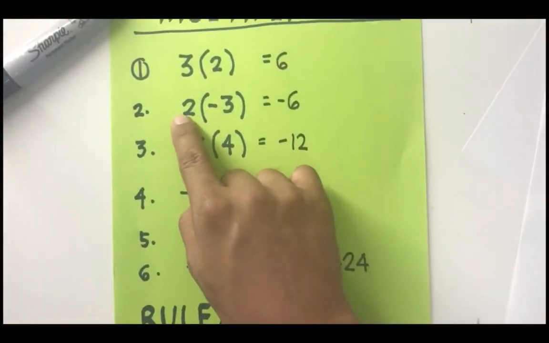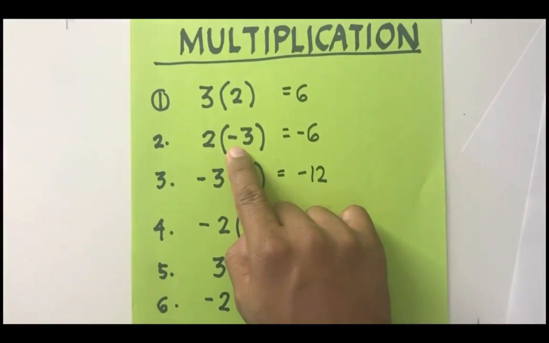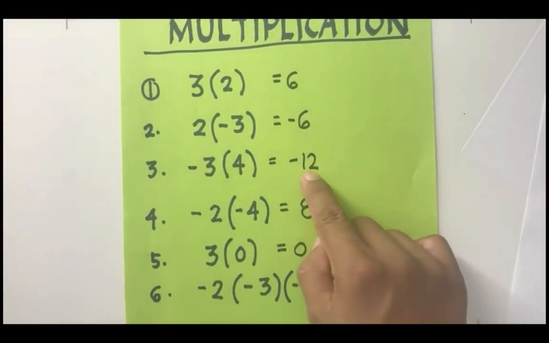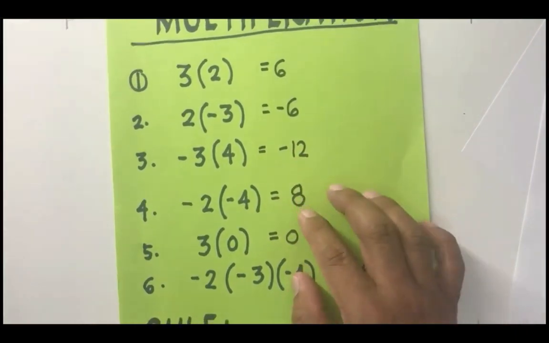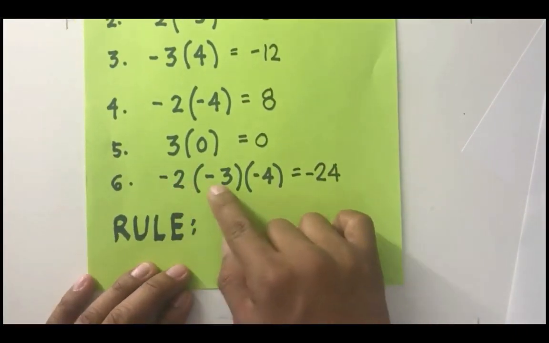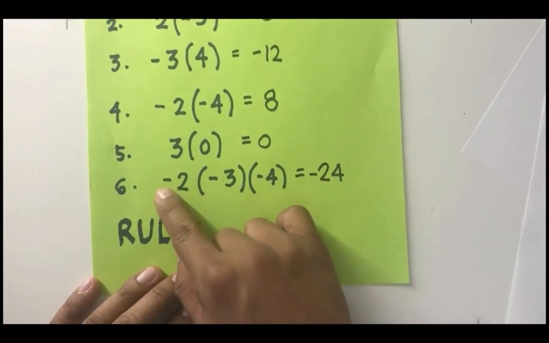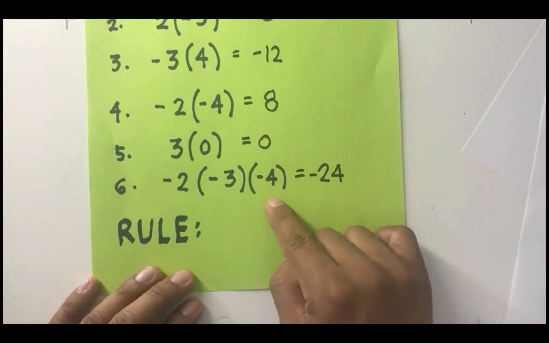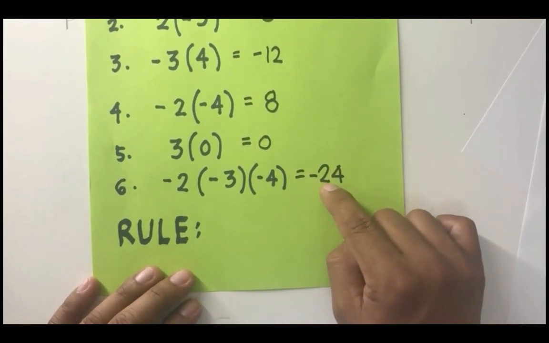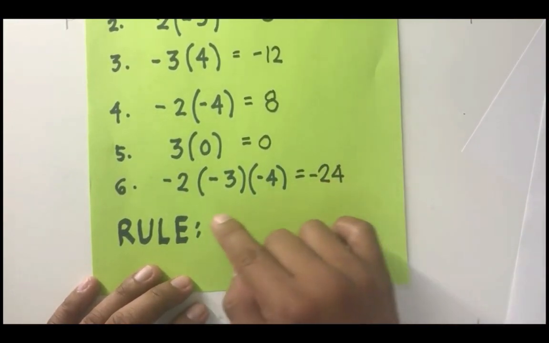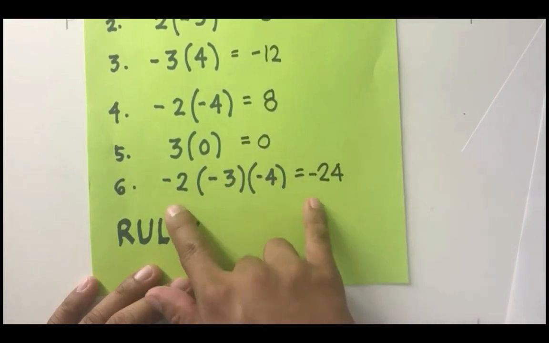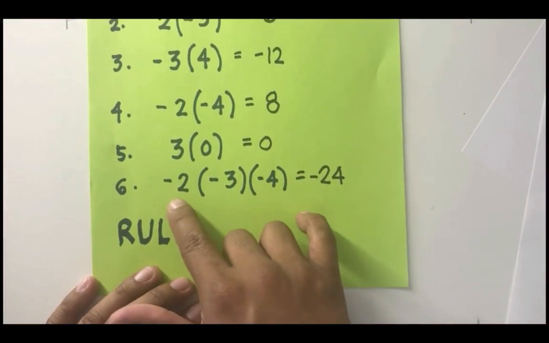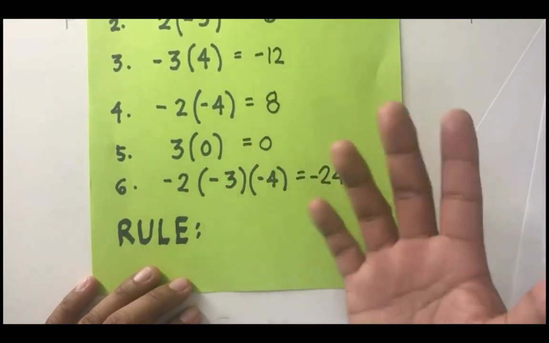One positive and one negative, our product is negative 6. One negative and one positive, our product is negative. When you have an odd number of negatives, the product is also negative. If you have an even number of negatives, if you have 4 negatives, 6 negatives, and so on, the product would be positive.